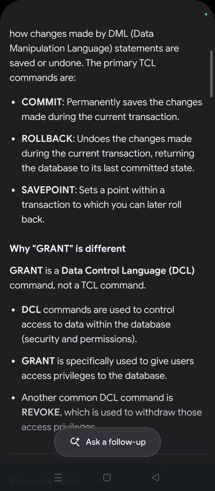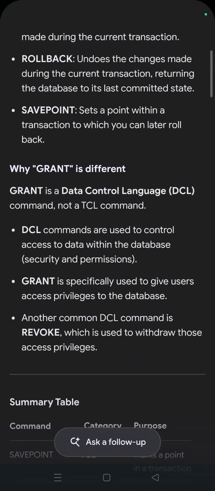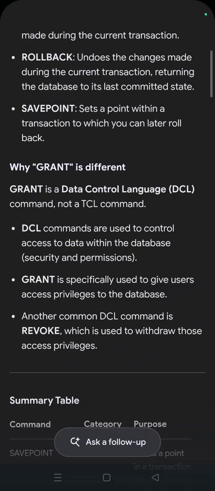Why is Grant different? Grant is a data control language, DCL command, not a TCL command. DCL commands are used to control access to data within the database, security and permissions. Grant is specifically used to give users access privileges to the database.